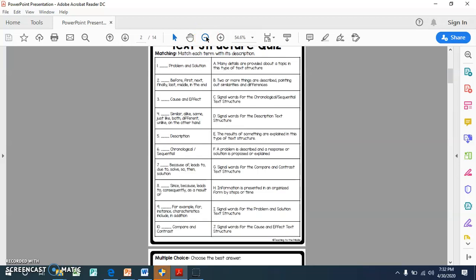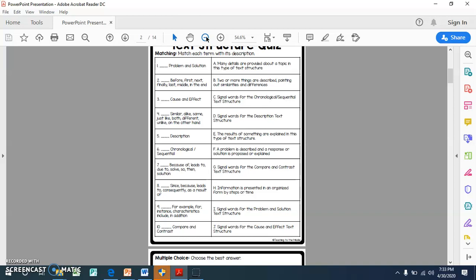Okay, so problem and solution. Does it have to do with many details are provided about a topic? Are 2 or more things described, pointing out similarities and differences? Are some possible signal words for the chronological or sequential text structure found in number 1?